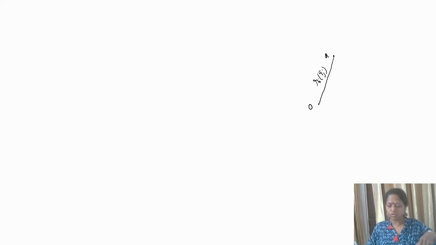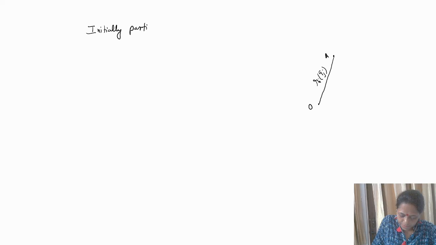Your particle is at A and with respect to some origin O, let this be Ri, a function of qj. So initially the particle is at A.